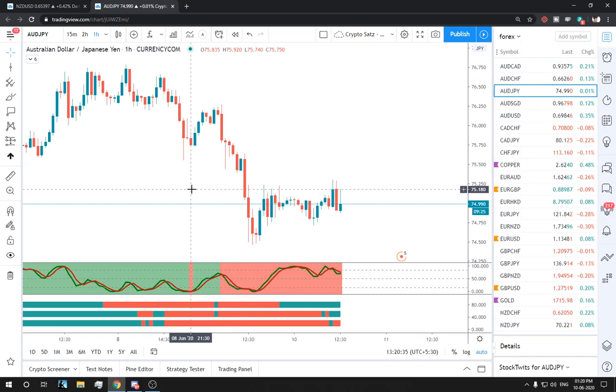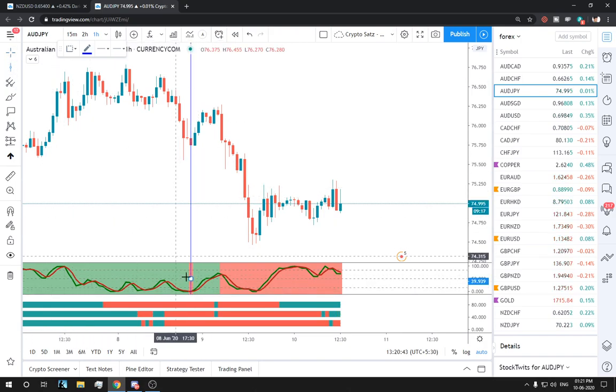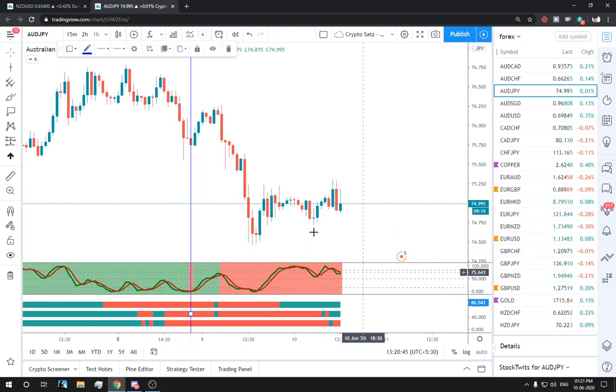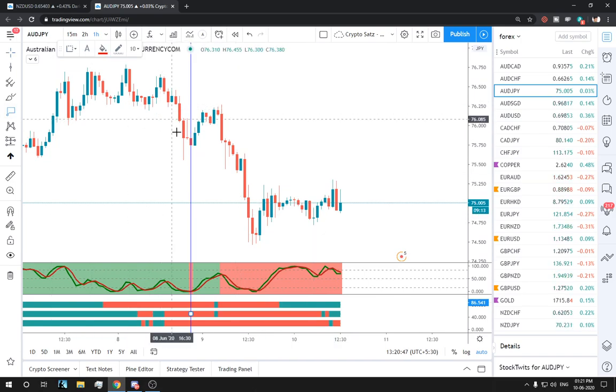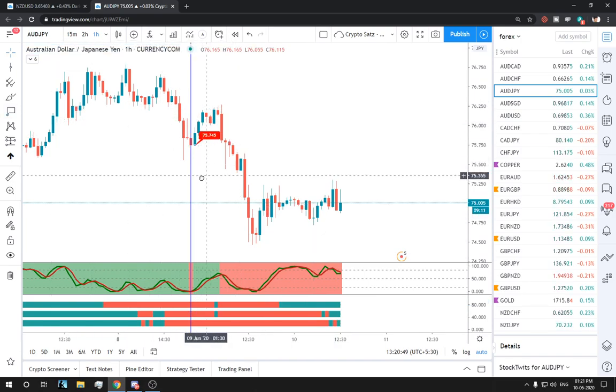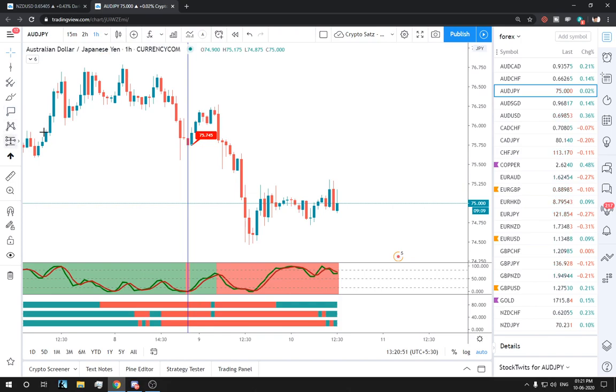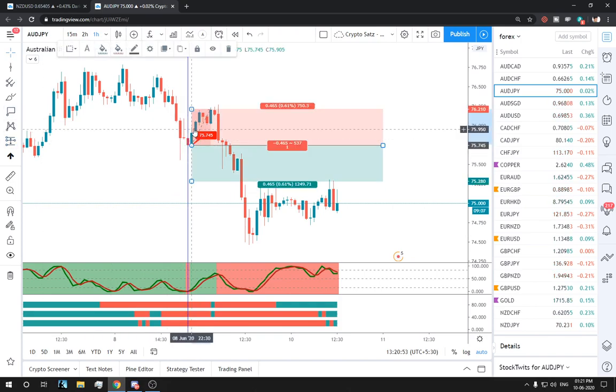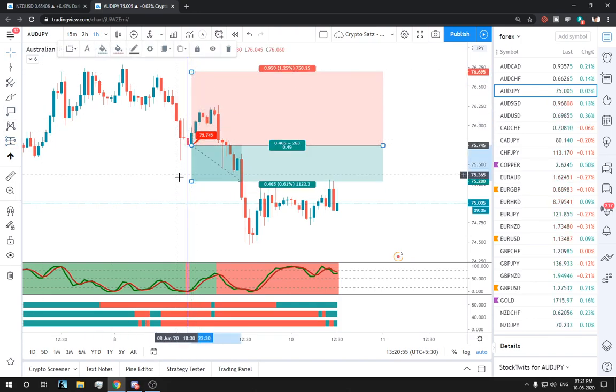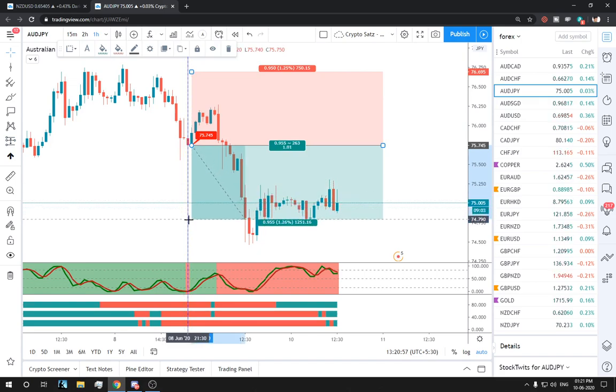Okay, so let's move on to the next one, AUDJPY. So the first short was triggered over here, which is this point. Shorting at the open of the next candle, stop loss on previous structure's high, 1.25%, and boom, this was a perfect target hit. So this was a perfect trade.